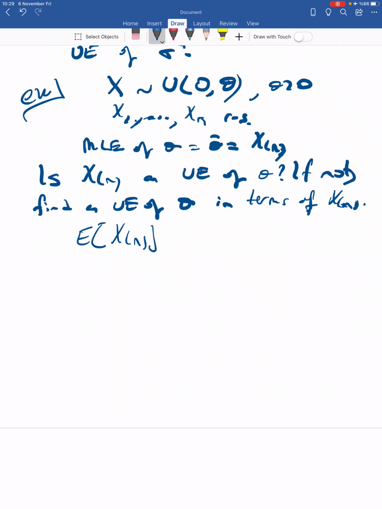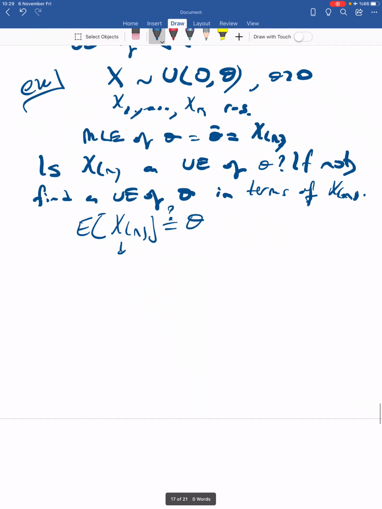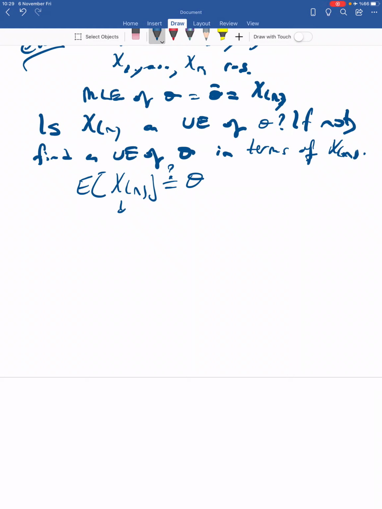Our question is to check the unbiasedness. We have to find the expectation of the nth order statistic and then check whether it equals theta or not. To be able to do that, we need to find the distribution of Xn and then find the expectation. I hope you remember how to find the PDF of the nth order statistic.